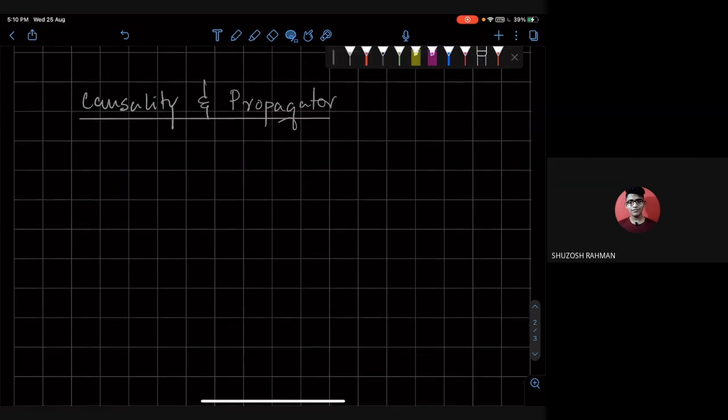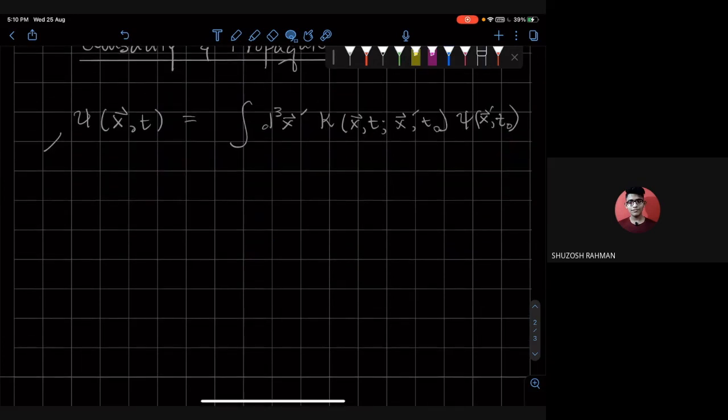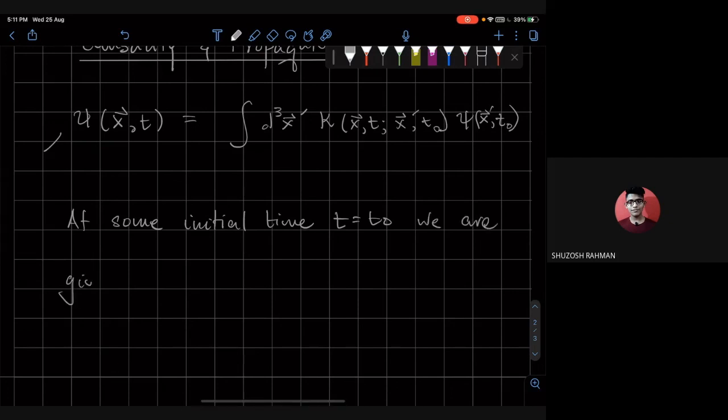So what's happening here is that we are given some initial condition of our system. So at some initial time, t equals t naught, we are given the state, or the initial state, let's call it, the initial state of the system.